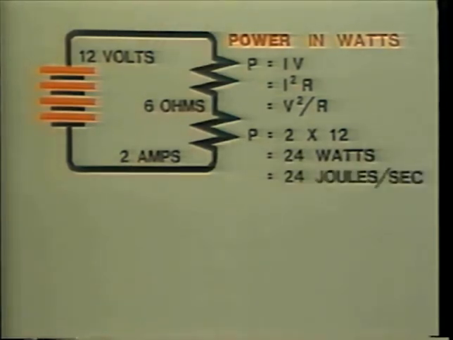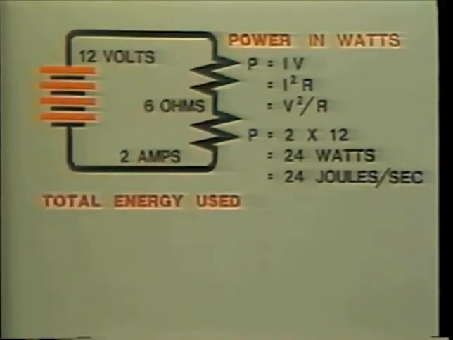This means that the load is consuming energy at the rate of 24 joules per second from the battery. This is equivalent to consuming 24 watts of power. Remember, power is the rate at which energy is consumed.